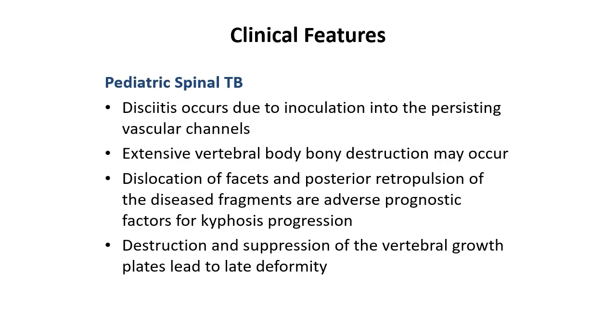Pediatric patients also have more extensive vertebral body bone destruction, leading to greater deformity at presentation, greater progression of deformity during the active phase of the disease, and variable continued progression even after successful treatment of the acute phase of the disease.